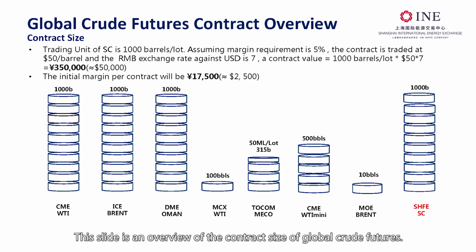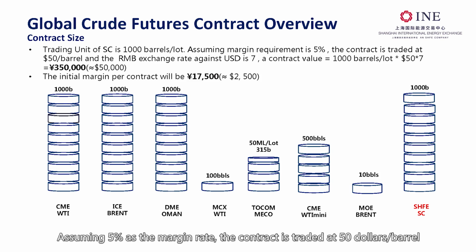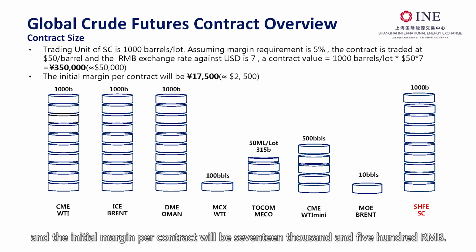This slide is an overview of the contract size of global crude futures. Like many other contracts, the unit of Shanghai crude oil futures is 1,000 barrels per lot. Assuming 5% as the margin rate, the contract is traded at $50 per barrel, and the RMB exchange rate against the US dollar is 7, the contract value would be 350,000 RMB, and the initial margin per contract would be 17,500 RMB.